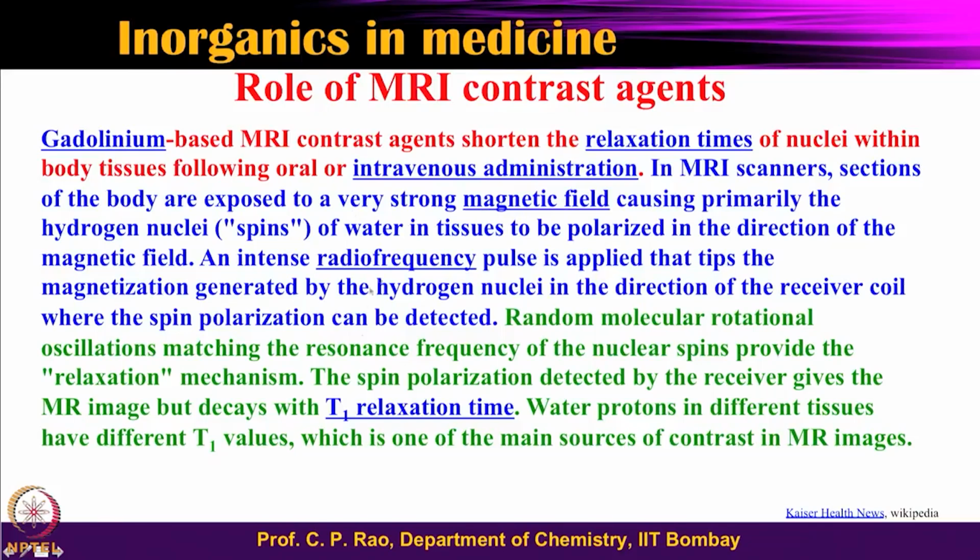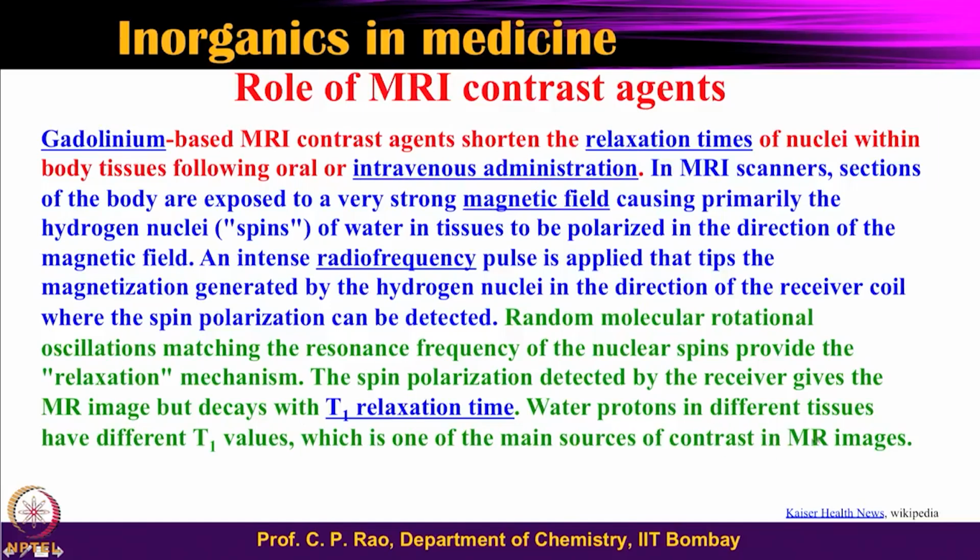When a system is in random molecular motion, and these oscillations or rotations match the resonance frequency of the nuclear spin, then a relaxation happens. So, the spin polarization detected by the receiver gives the magnetic resonance image, but decays with the T1 relaxation time.